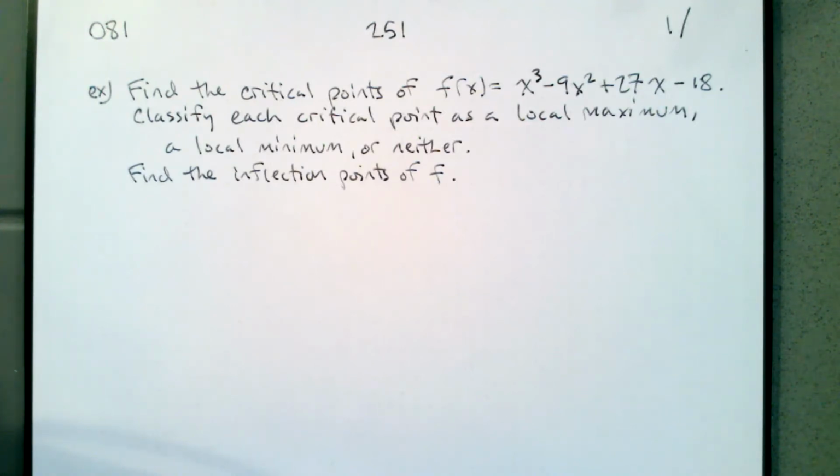Now, there are certain things that we know just based on the degree and the leading coefficient of this function. So f of x is x cubed minus 9x squared plus 27x minus 18. Since it's a third degree polynomial, it can make at most 2 turns, or it could make 0 turns.